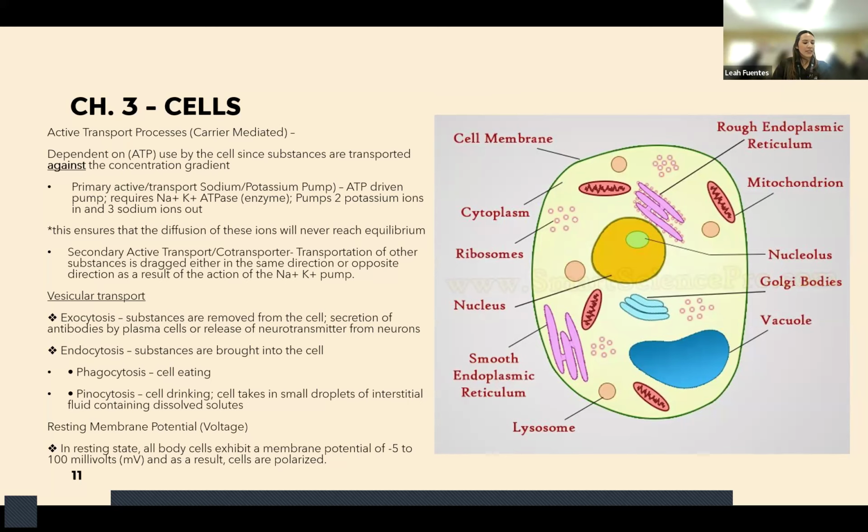And then the three structures are the microtubules, the microfilaments, and then there's also intermediate filaments. So the microtubules determine the overall shape of the cell.